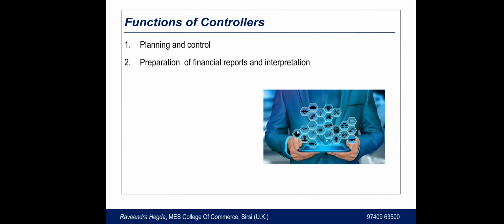Second one, preparation of financial reports and interpretation. Friends, preparation of financial statements and reports, interpretation of operational results by making ratio analysis, fund flow analysis, cash flow analysis, comparing actual results with budgeted results to find out any variations, and submission of required reports to the government departments.